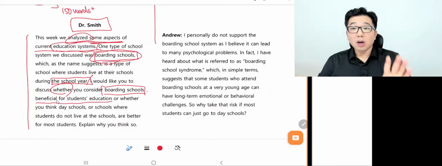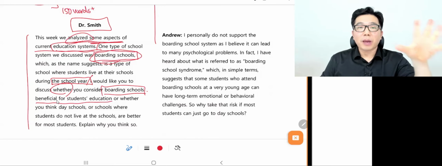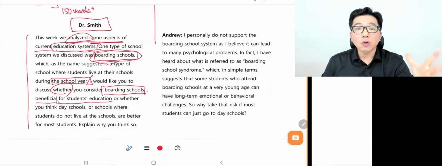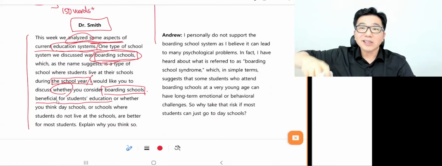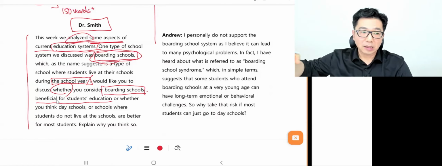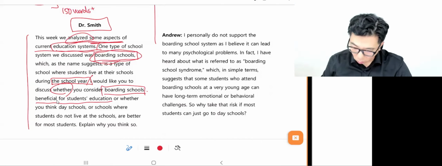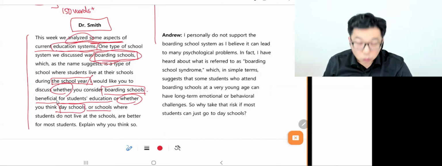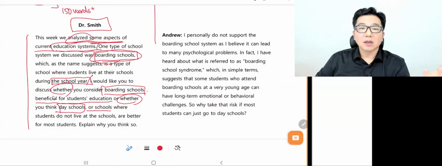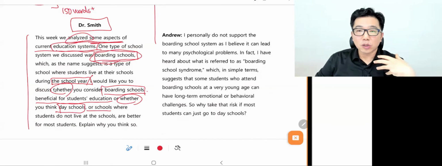So whether boarding school is beneficial or more beneficial for most of the students, or some other school system different to boarding school, okay? Or whether you think day school is just a normal school, okay? A regular school that you go to each and every day, every morning.